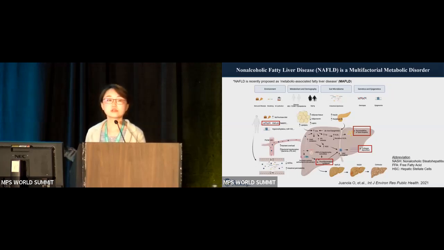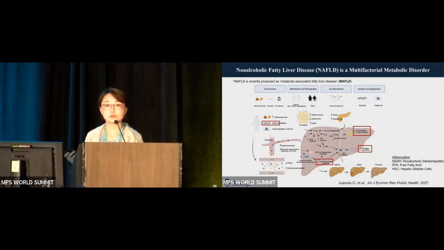So now let's take a look at the disease progression of NAFLD. NAFLD usually starts with the accumulation of lipid droplets in the liver. The accumulation of lipid toxicity will trigger pro-inflammatory cytokine release from the immune cells, and it will further lead to the activation of the astrocytes for fibrogenesis.